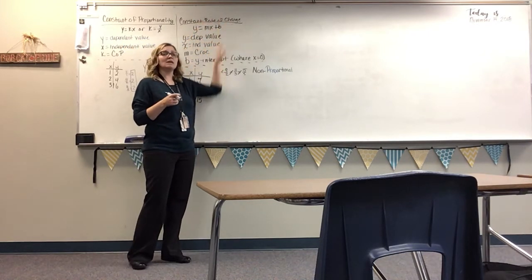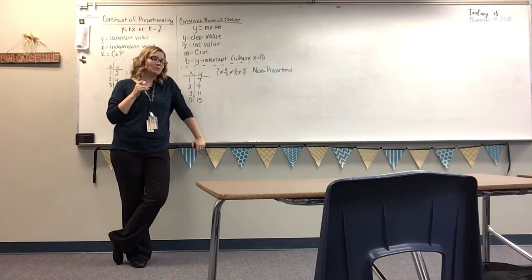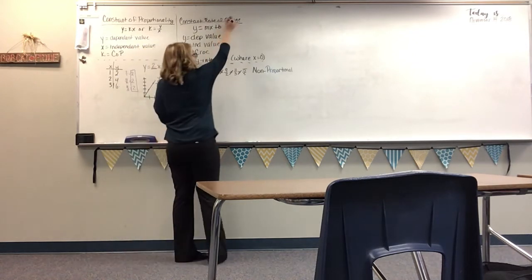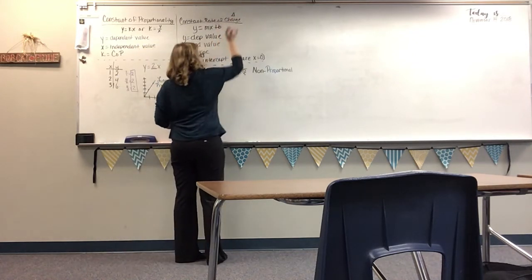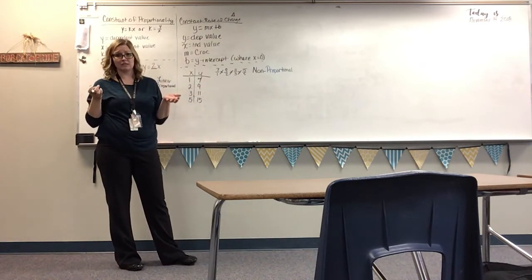So instead of figuring it out by y over x, we're talking about the rate of change. Does anybody know what the Greek symbol is for change in math and science? It's a little triangle, the delta symbol, and it represents change both in math and science.